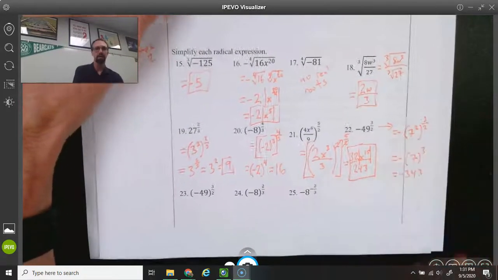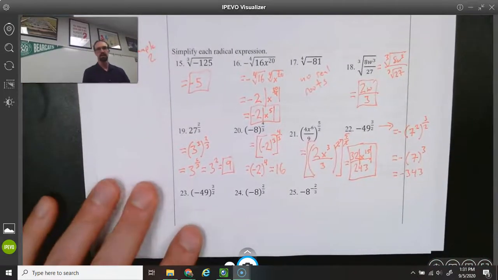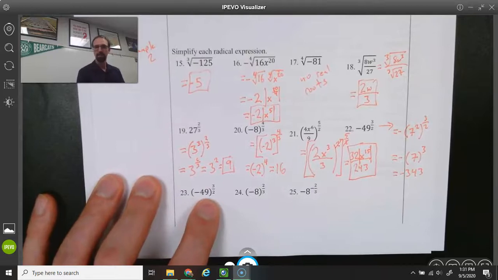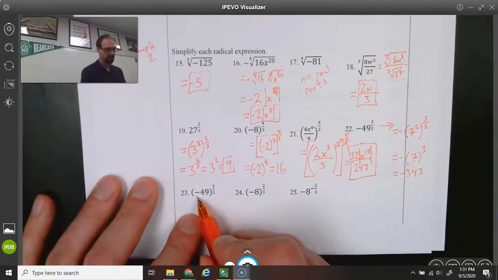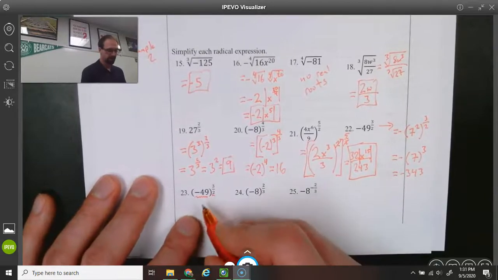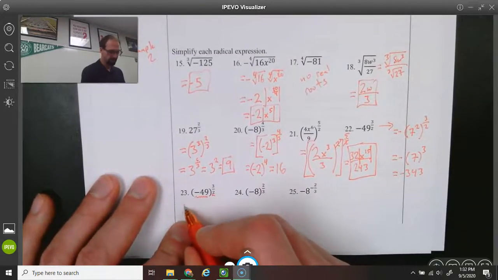23, we have, in parentheses, negative 49 to the 3/2 power. When we take negative 49 to the 3/2 power, what I want you to note is that this is a negative here, and then an even exponent. So this is, again, no real roots.